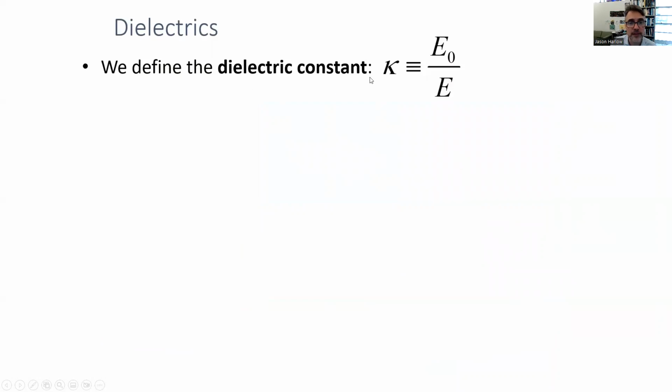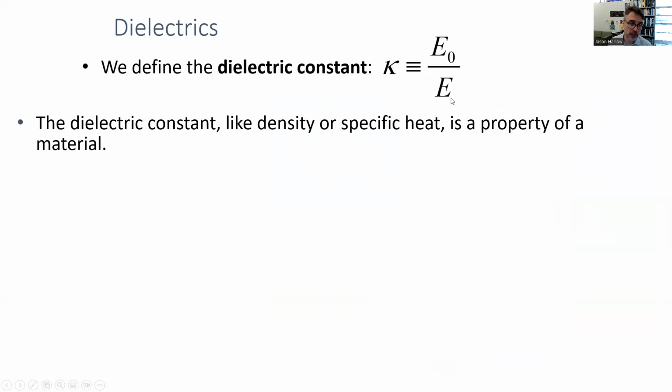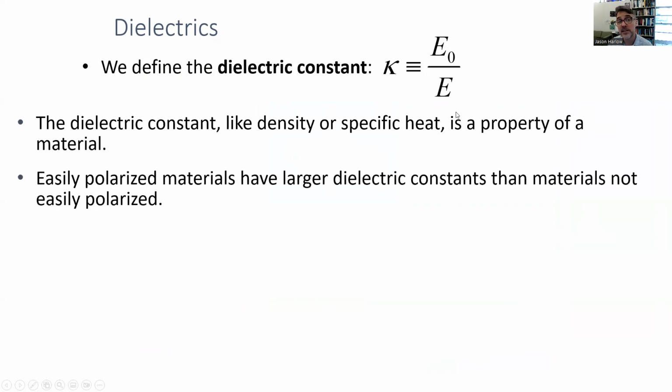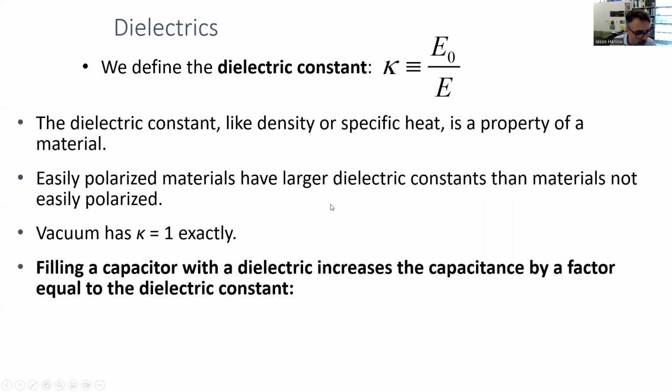So we're going to define the dielectric constant as the ratio of the vacuum electric field to the actual electric field. The dielectric constant, like density or specific heat, is a property of a material. Easily polarized materials have a larger dielectric constant than materials that are not easily polarized. A vacuum has a dielectric constant of 1 exactly, because the electric field in a vacuum is the electric field in a vacuum, so E0 over E0.